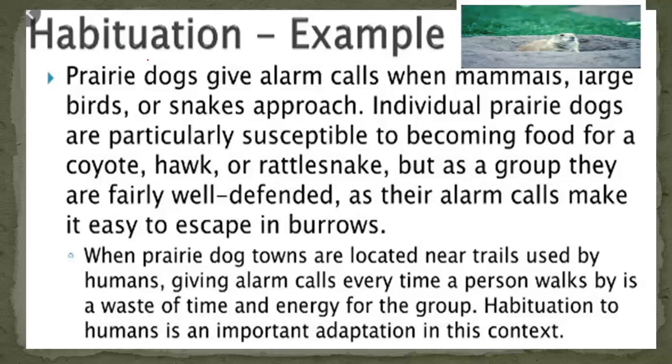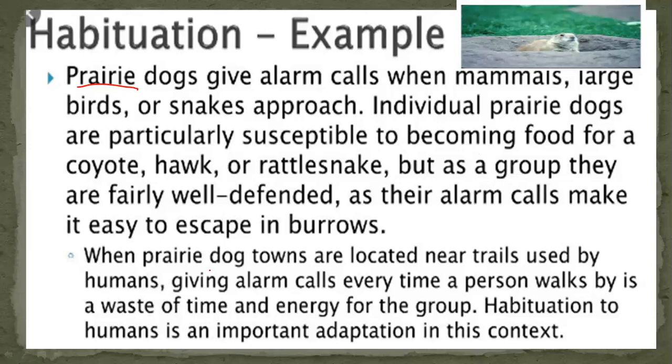A very good example of habituation is prairie dogs, which give alarm calls when mammals, large birds or snakes approach them. Individual prairie dogs are particularly susceptible to becoming food for a coyote, hawk, or rattlesnake, but in a group they can be well defended, so they make alarms for that.